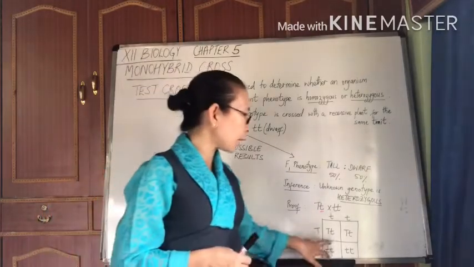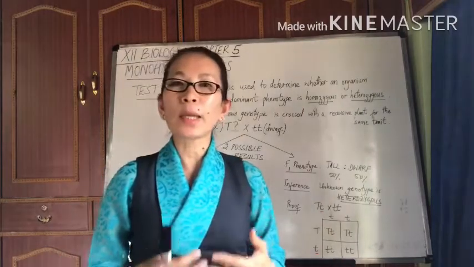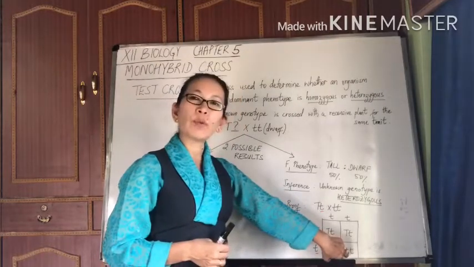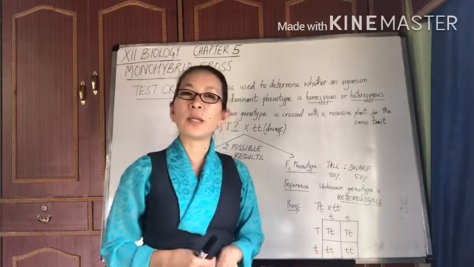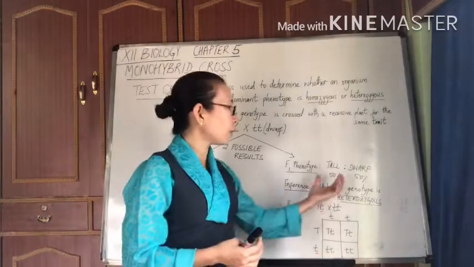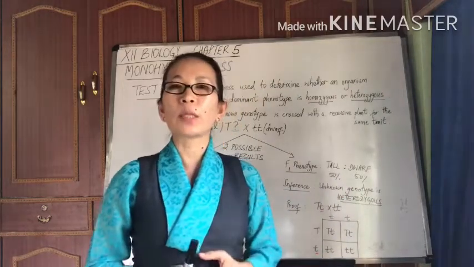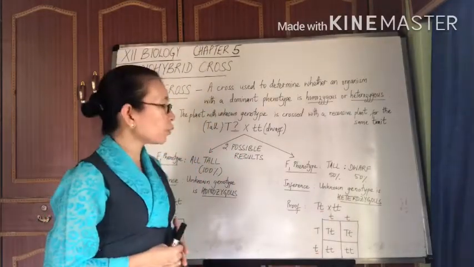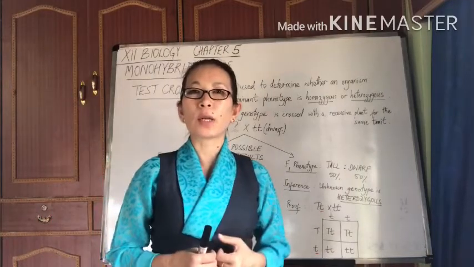And because we know that small t can express when it is in the homozygous combination, we have 50% of the F1 expressing the dwarf phenotype and 50% expressing the tall phenotype. So whenever we have a 1:1 ratio of tall and dwarf phenotypes expressed in the test cross, we can infer that the genotype of the tall plant is heterozygous.